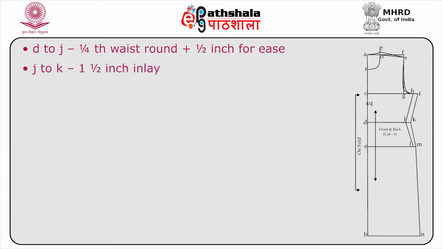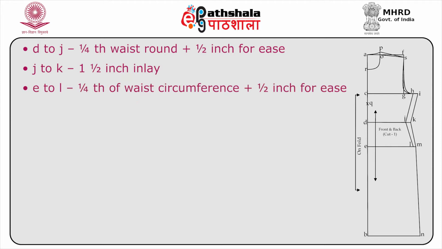J to K, 1.5 inch inlay. E to L, 1/4 of waist circumference plus half inch for ease. L to M, half inch for allowance.